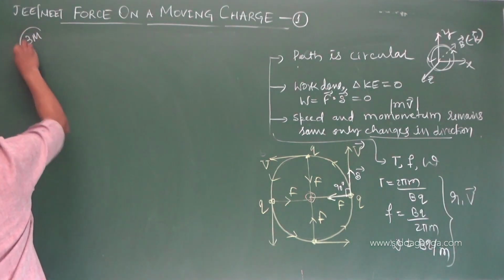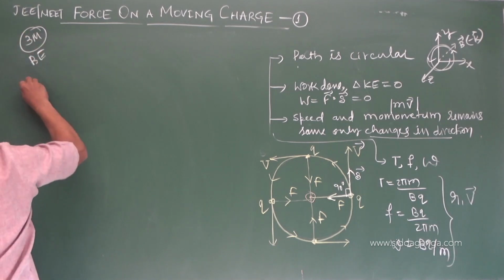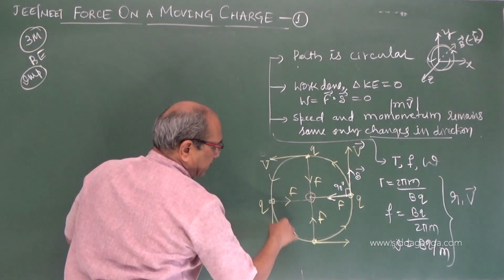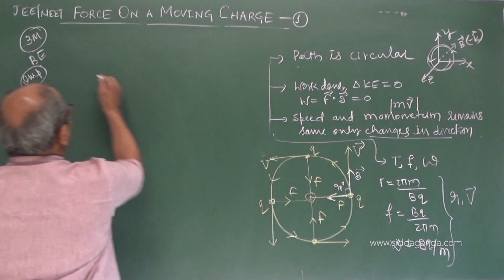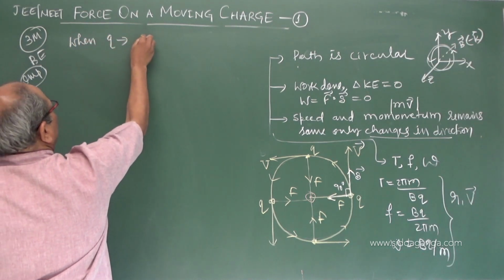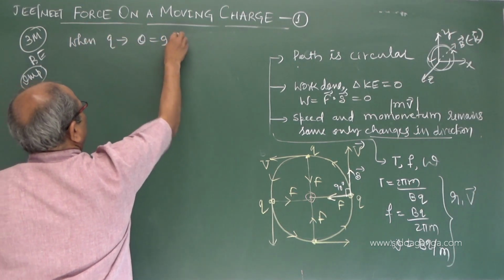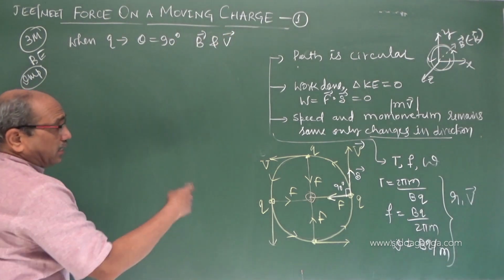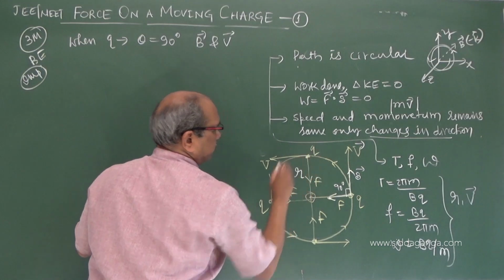For 3 marks in the board exam, this is important. When a charge q enters perpendicular to the magnetic field B with velocity v, it describes a circle of radius r.